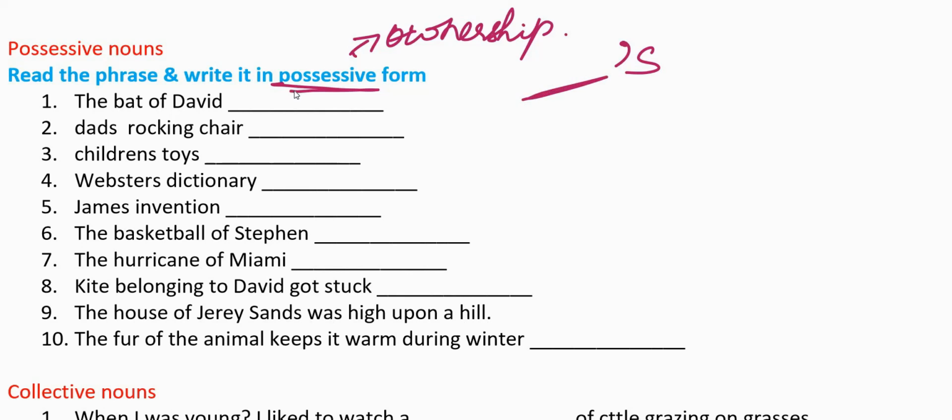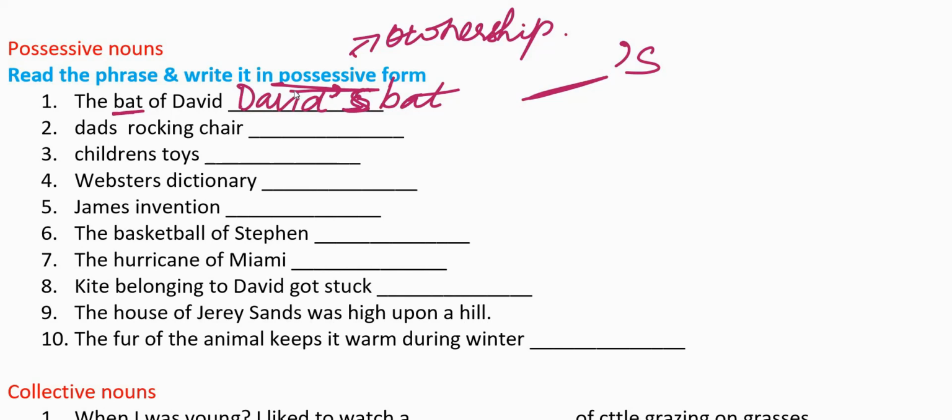In the first sentence, the bat of David. So they are talking about an object here, bat, which belongs to David. So how do you make it a possessive noun? By saying David's. David's bat. How is the possessive formed? An apostrophe and s. David's bat.